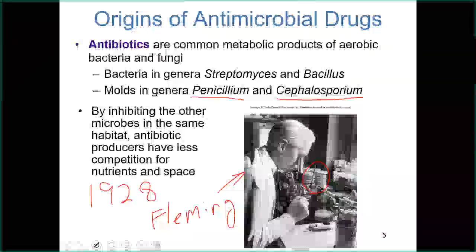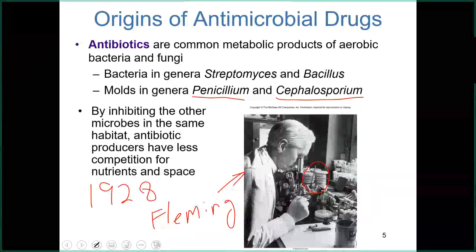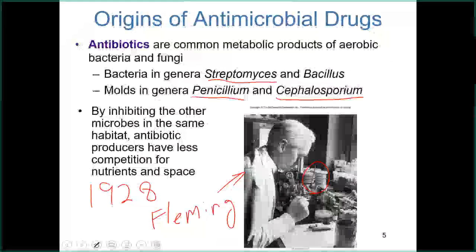So penicillins and cephalosporins, and then bacteria like Streptomyces. Hey, we've got streptomycin, right? And Bacillus species produce their own antibiotics as well. So we've got a bunch of things now that are being used as antibiotic substances.